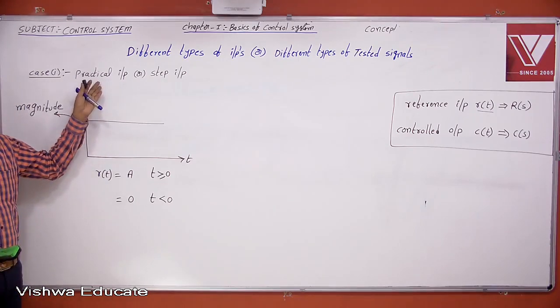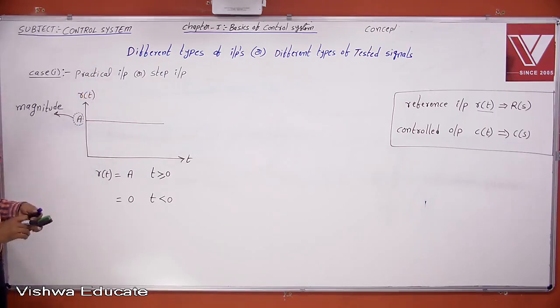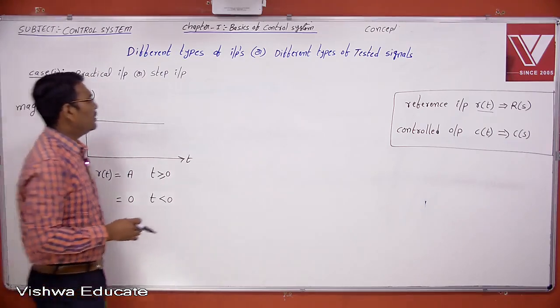Now this is the practical input. Why is this called a practical input? Why is this practically the preferable input to test any control system? We will also see. This is the practical input in case 1.